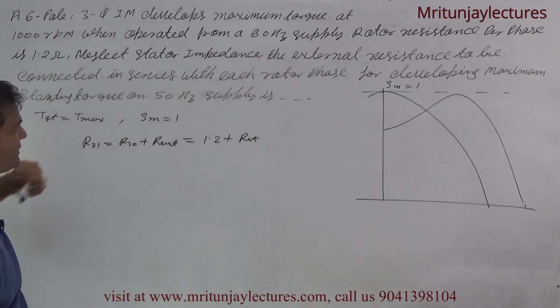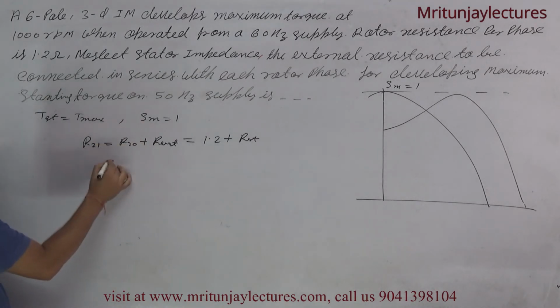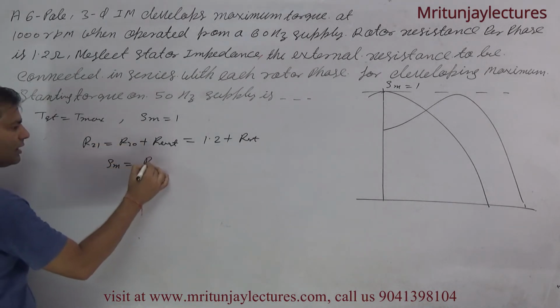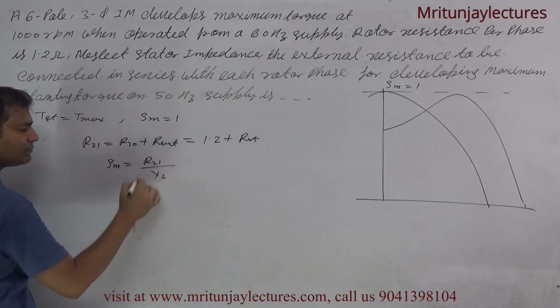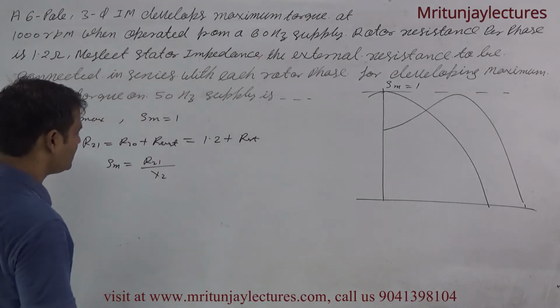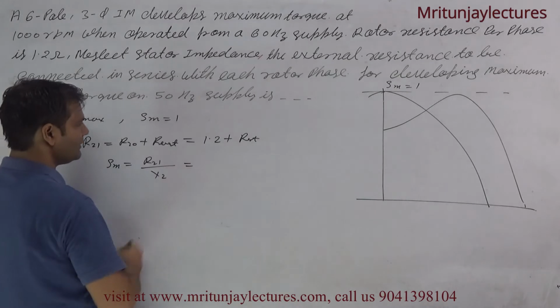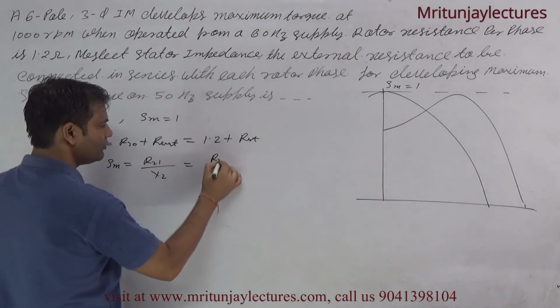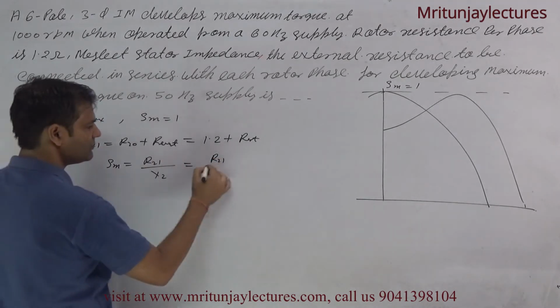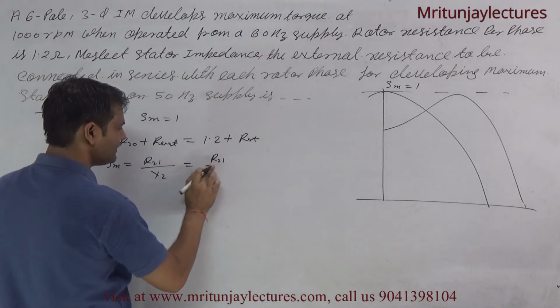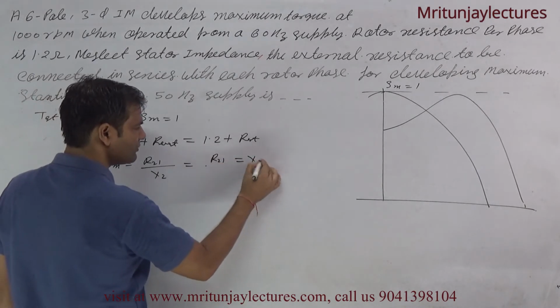Now, corresponding to the question, Sm will be equal to R21 divided by X2. Sm is equal to 1, so you can say that R21 will be equal to X2.